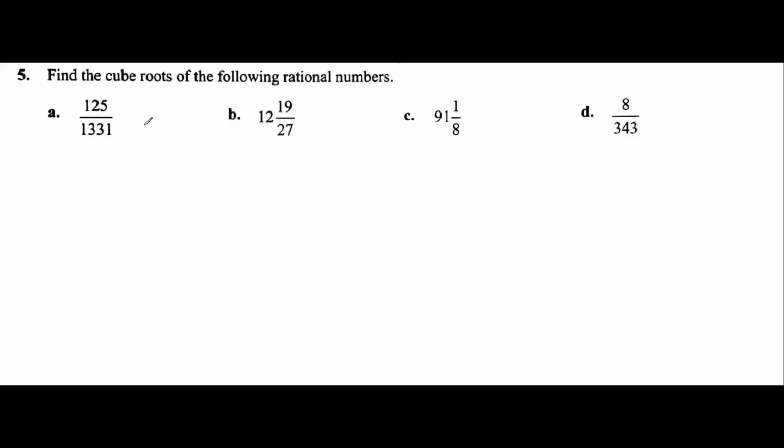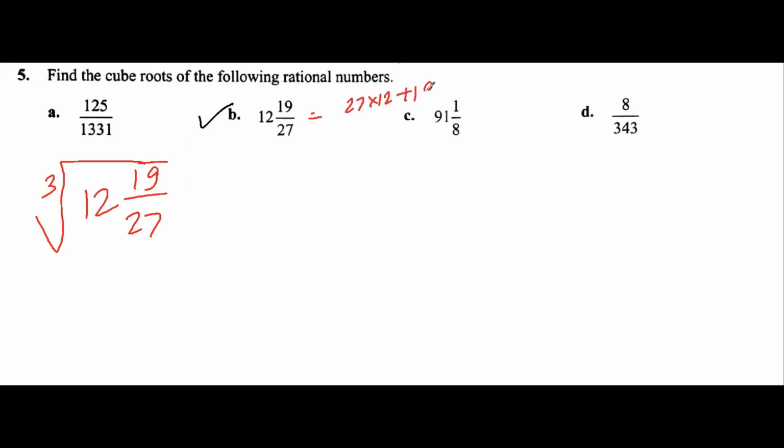Okay, so let's start question number 5. Find the cube roots of the following rational numbers. B1 I will start. I need to find the cube root of 12 19 by 27. I can write this as an improper fraction: 27 into 12 plus 19, which gives 343 over 27.